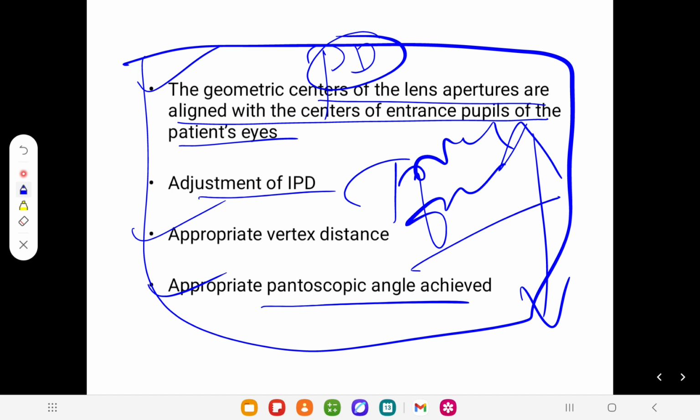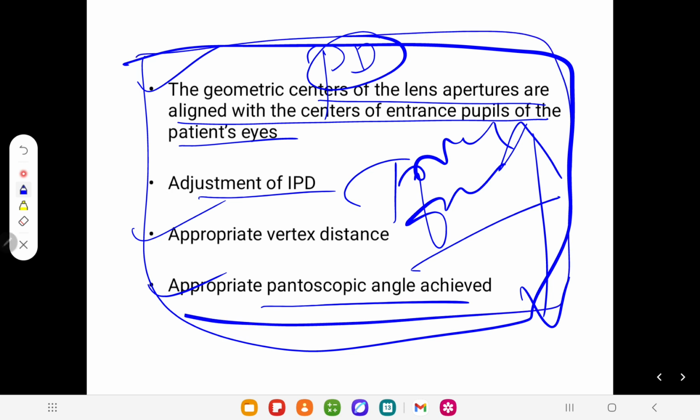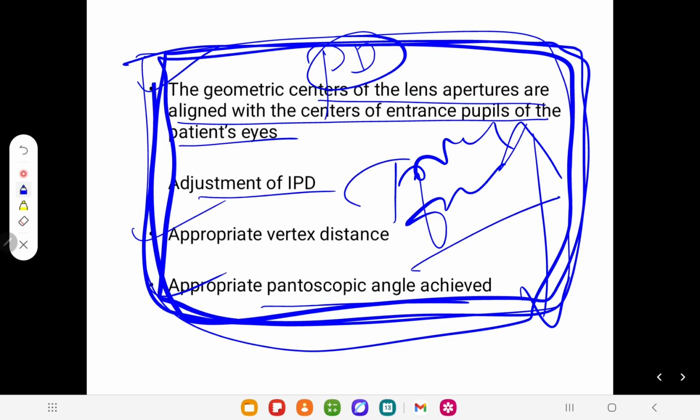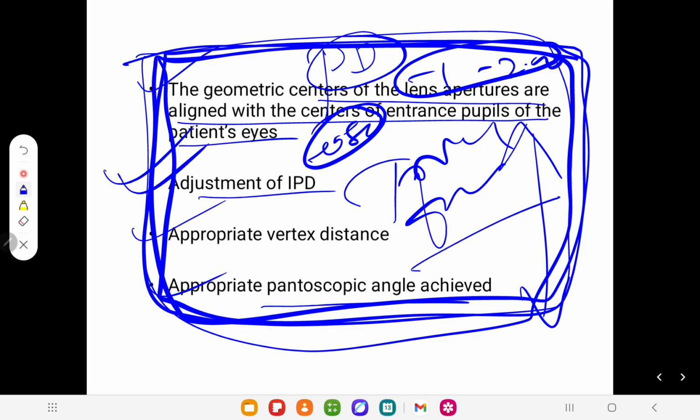And one thing you must remember, these are all important when we have high refractive error. But let's take the example of minus 0.5, minus 1 or minus 2. These things are not that important or not that significant. Keeping these things in your mind is important when doing refraction.